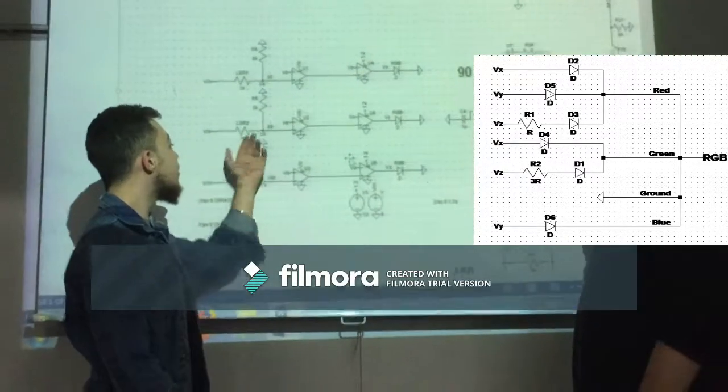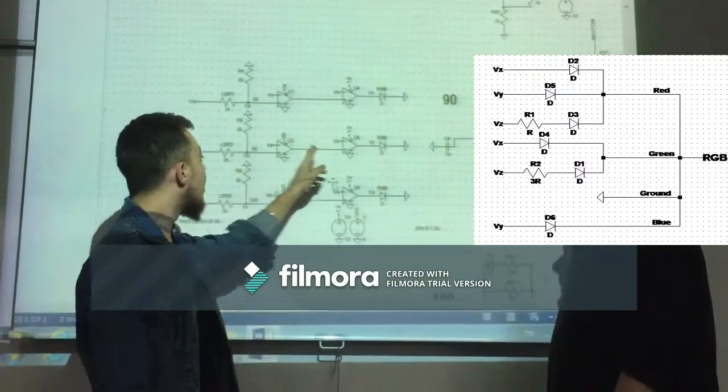For example, let's say we need to get 90 degrees of motion, so we need purple.